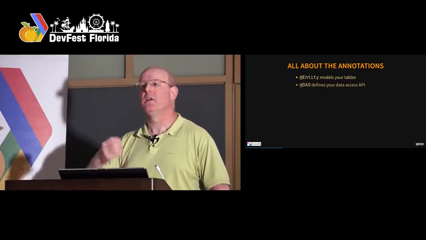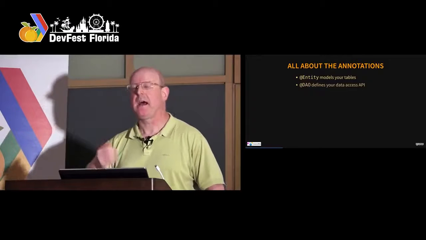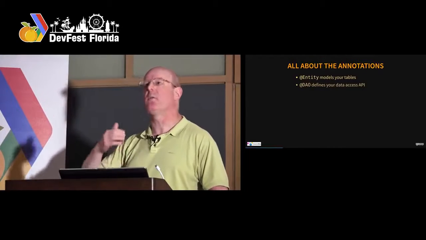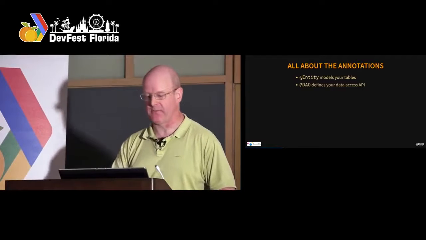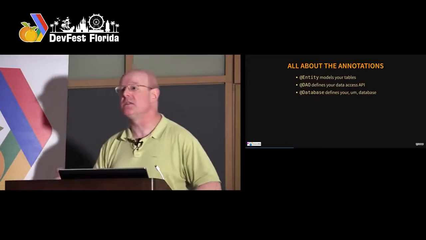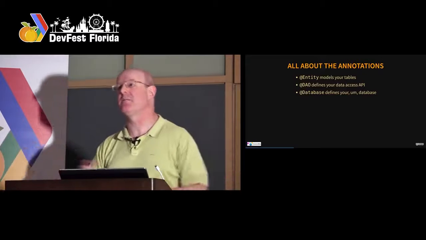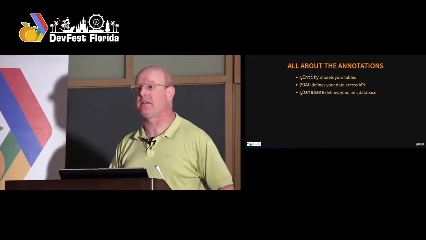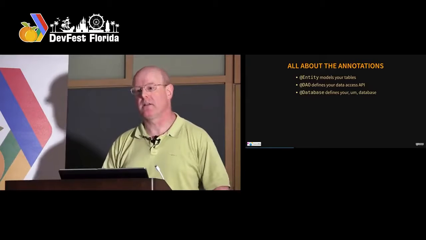This is going to model your data access patterns. How are we actually retrieving the data from the database? How are we putting data into the database to be able to retrieve it later? And you're going to have a database annotation, because we've got a database somewhere and we're using annotations, so let's have an annotation for our databases as well.